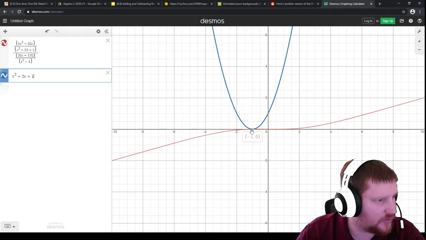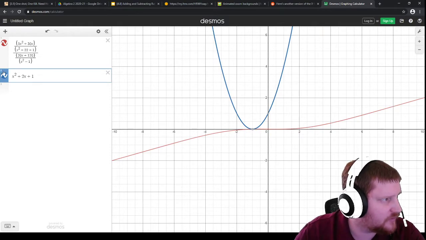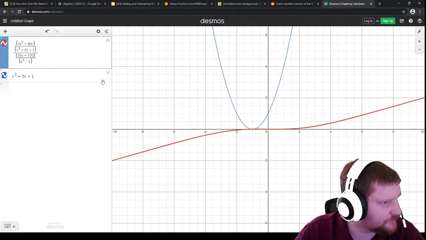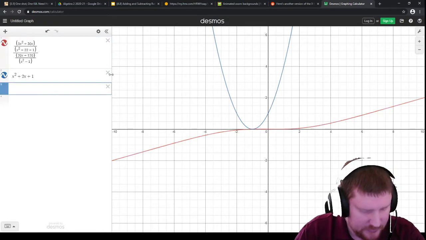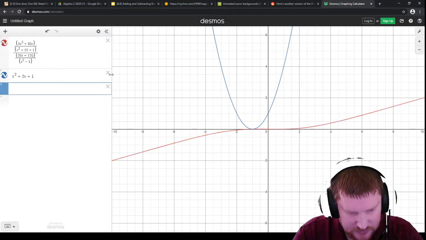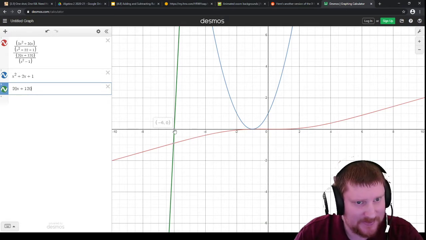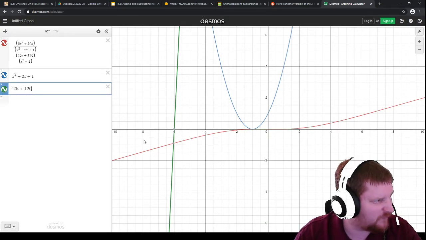It's at negative 1, as suggested. And then the other denominator is 20x plus 120. That's at negative 6. Okay.